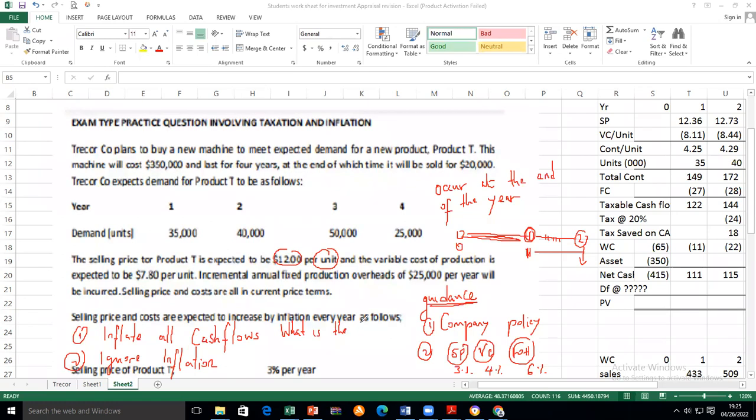Are we not supposed to inflate the different variables using the different rates that have been given? Yeah, so when items are inflating at different rates, the correct approach is to inflate all the cash flows. And once you inflate the cash flows, then what discount rate are you supposed to use?